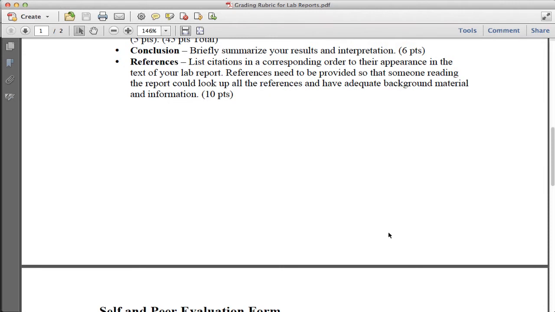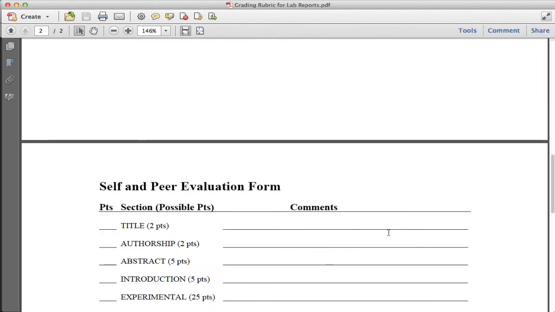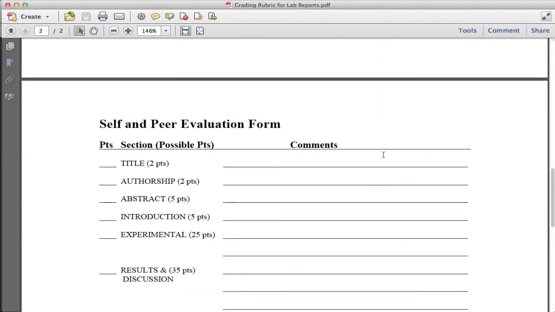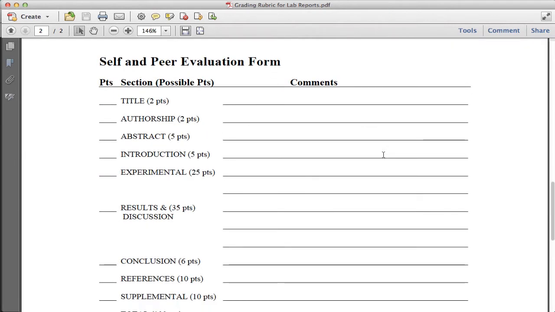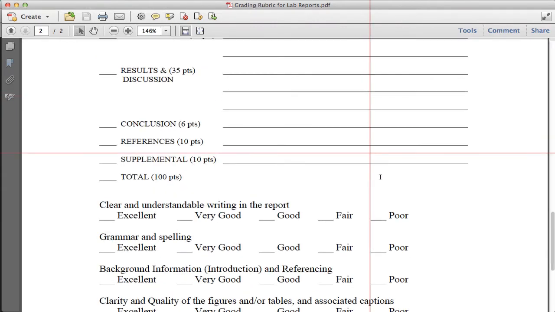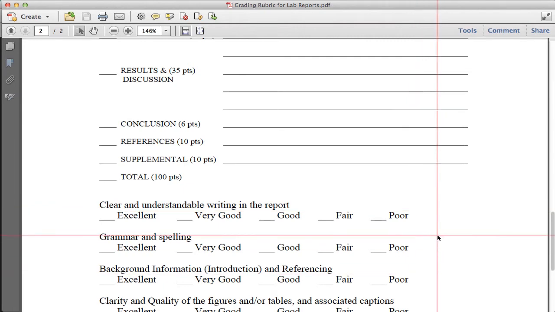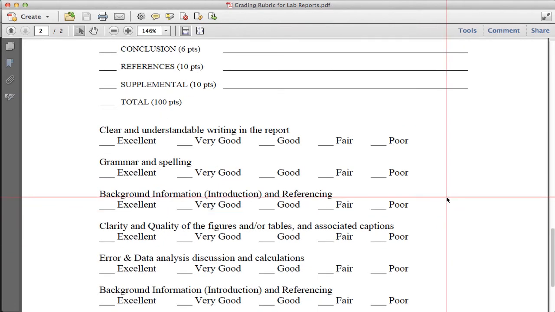And then I want to just quickly say, I'll put this up on the web, but I think it's always good when you're writing a report to think of your own self or peer evaluation. When you read it, what are people going to comment on in the various sections? Is your writing clear and understandable? Does it have good grammar and spelling? Did you give enough background information and referencing to understand it?